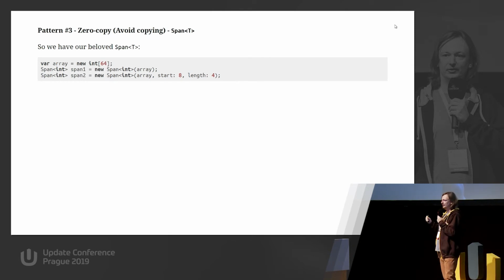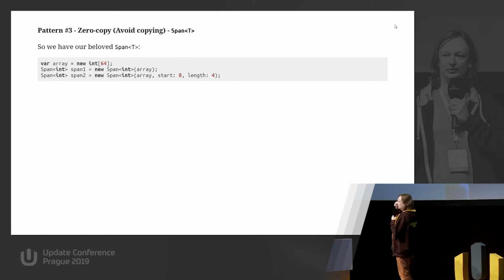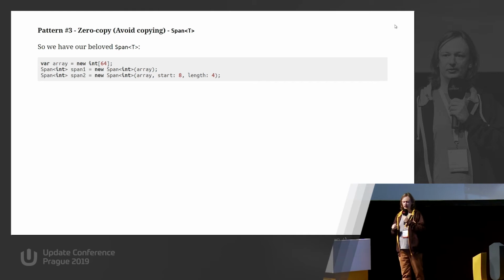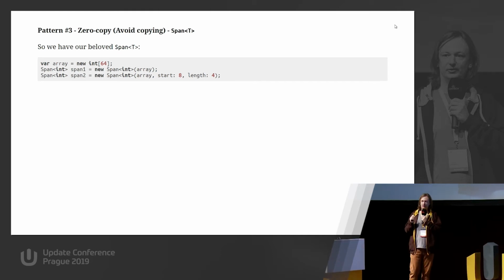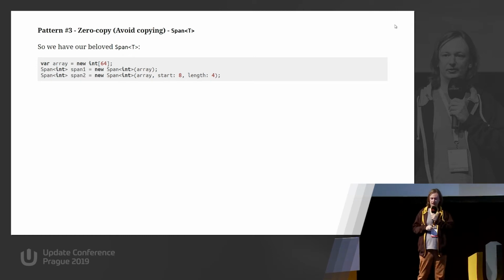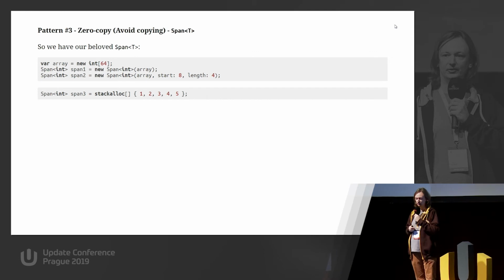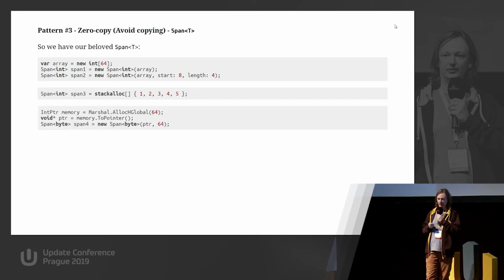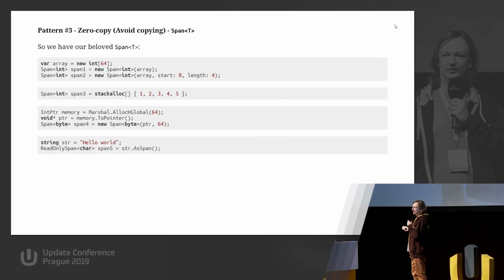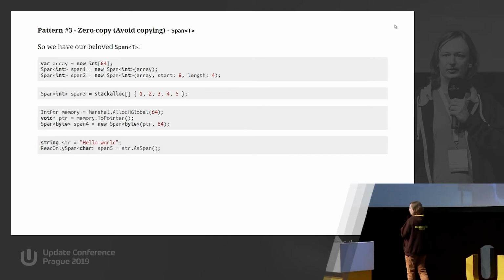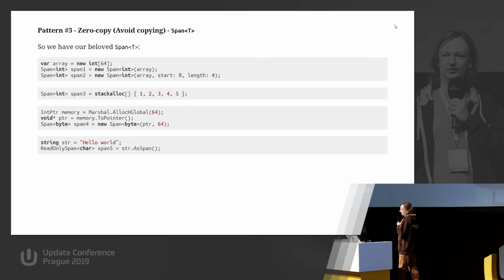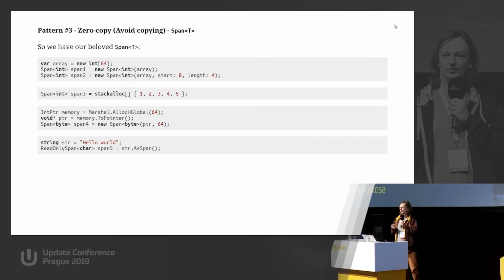This only says that it will point inside an array and it will have its length set to 4, but nothing here is being copied, no memory copy, nothing like that. It can represent stack allocated data that we will be talking about soon. It can represent unmanaged memory, it can represent strings. In fact, every type of memory that you could probably imagine can be represented by Span.